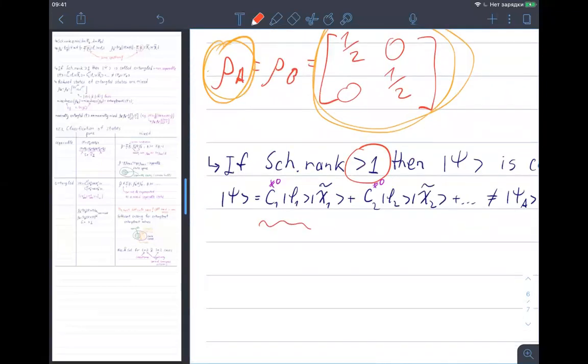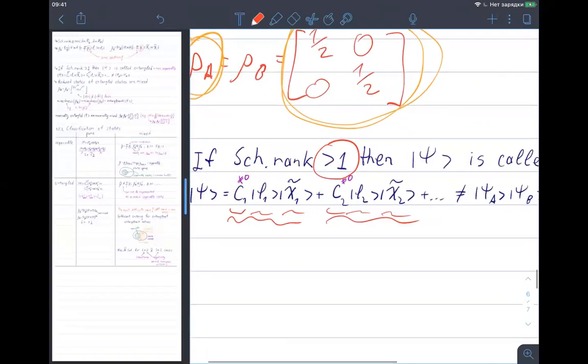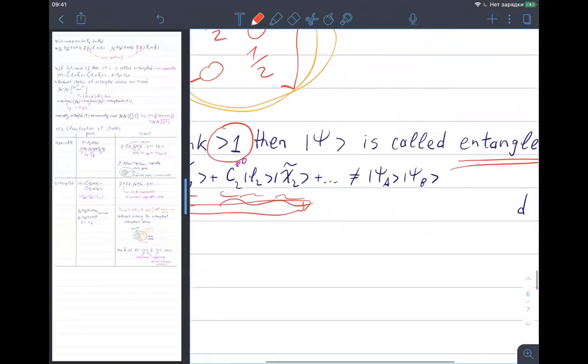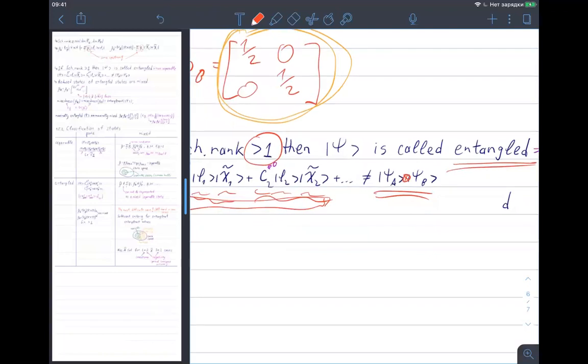That your decomposition looks like this: you have C1 times phi1 psi1 plus C2 times phi2 psi2, where both C1 and C2 are non-zero. In this case, you can already say that your state cannot be decomposed as a tensor product of just two states. It's not factorizable, and otherwise it is called entangled.